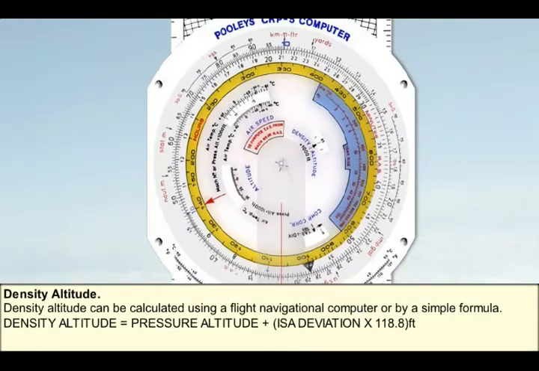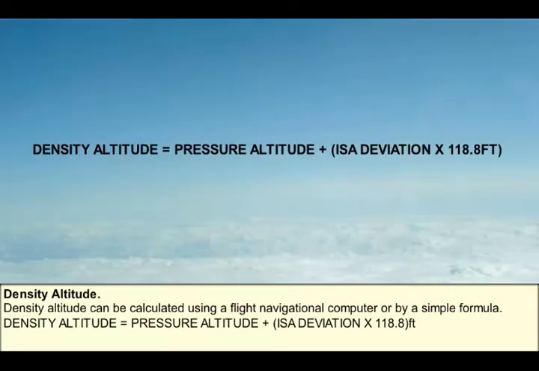One method is by using a flight navigational computer, and the other is by using a simple numerical formula. This formula states that for every 1 degree Celsius away from ISA, depending on whether the deviation from ISA is positive or negative, you add or subtract 118.8 feet to your pressure altitude to find your density altitude.